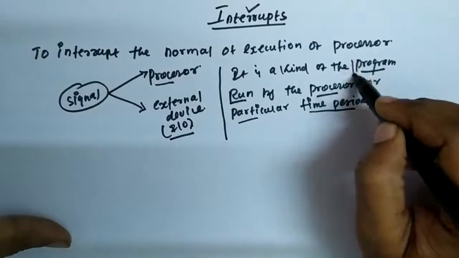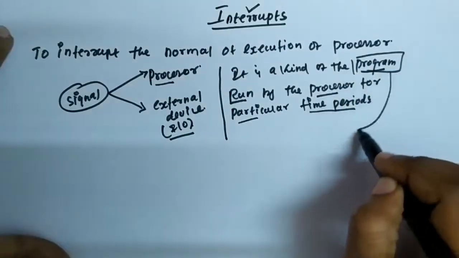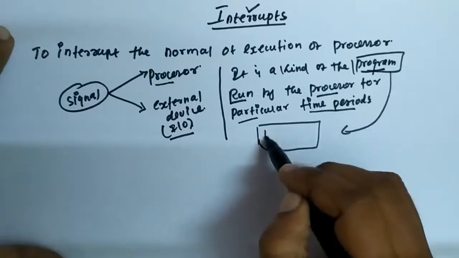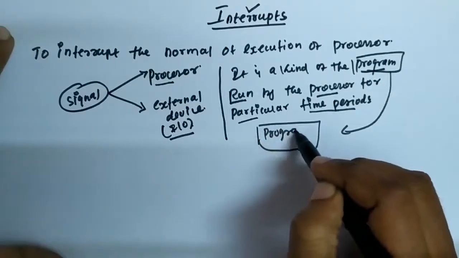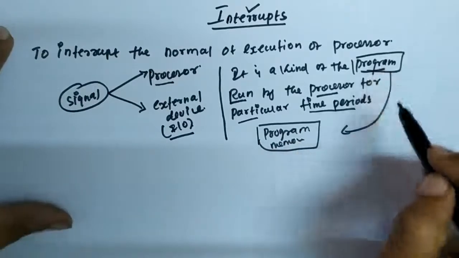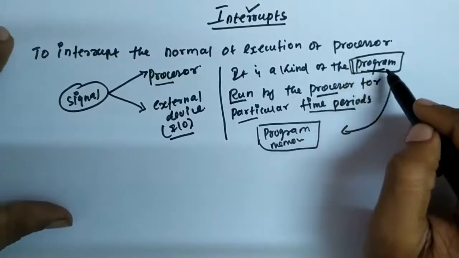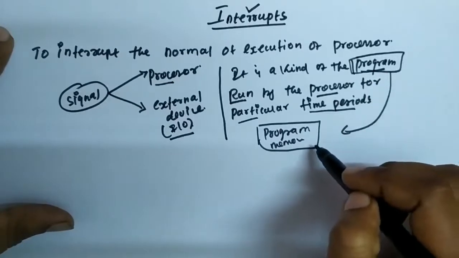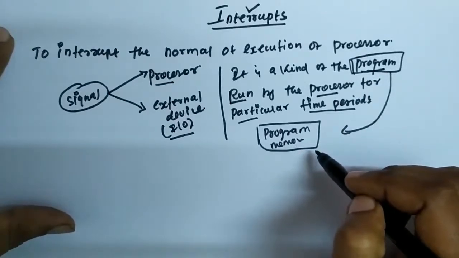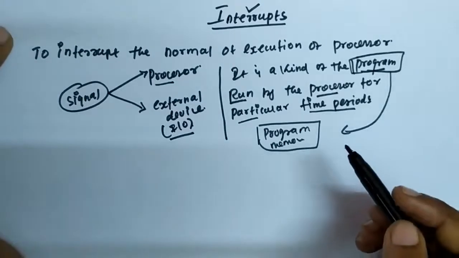This program will be available as part of the main memory or program memory. The interrupt program is stored in a separate memory area of the internal memory or external memory, or as part of the program memory.